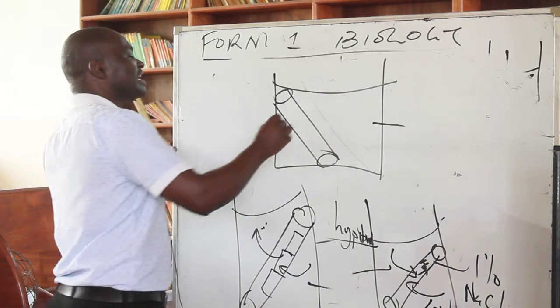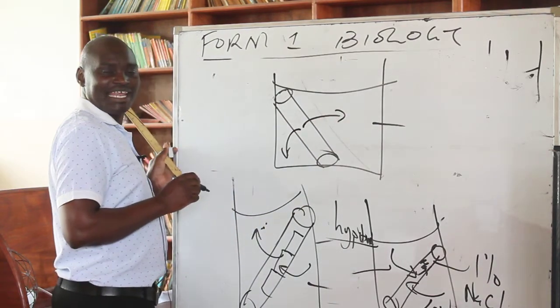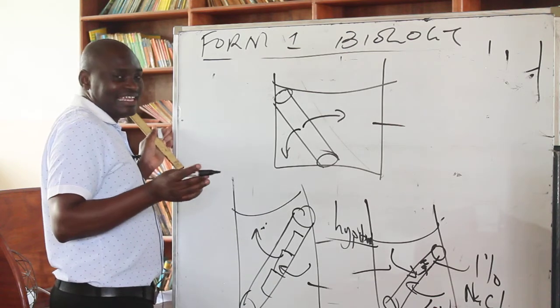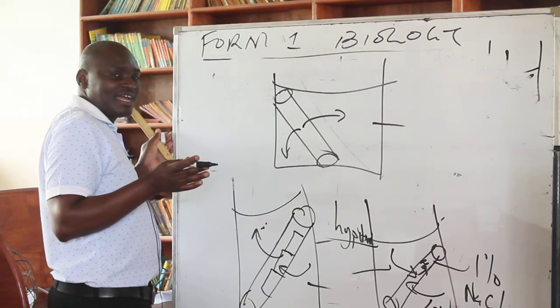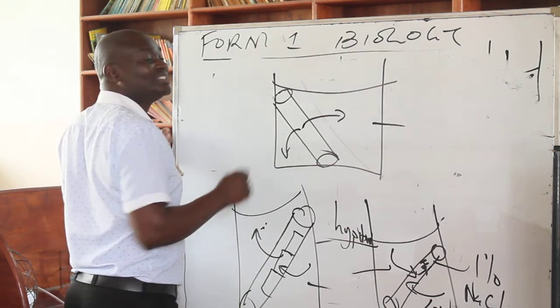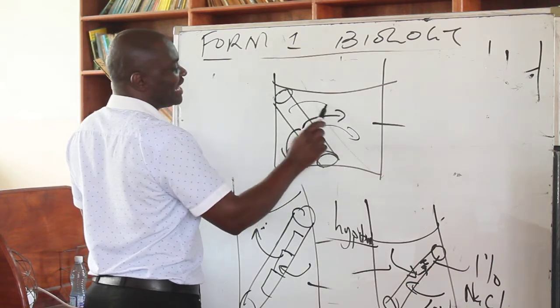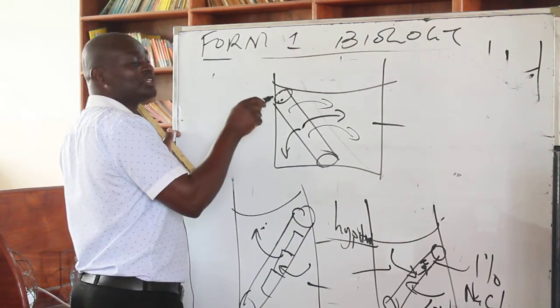Decrease means water is leaving the potato cylinder. That is why it is shrinking. The cells are losing shape. As water moves out of the cells, this potato will become shorter.